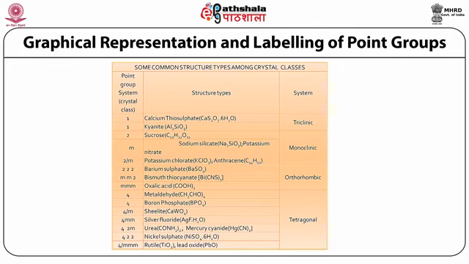In this we have the crystal class 4. An example of the crystal structure is metaldehyde, that is chemically represented as (CH3CHO)4. Then 4 bar, corresponding to it we quote some crystal structure which is boron phosphate, BPO4.